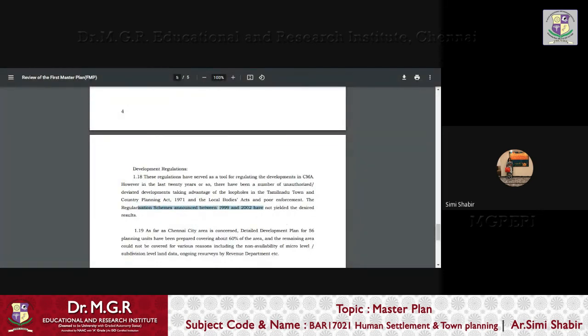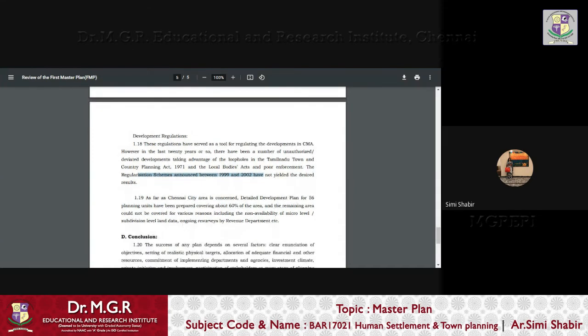As far as the Chennai city area is concerned, detailed development plans for 56 planning units have been prepared, covering about 60% of the area, and the remaining area could not be covered for various reasons, including the non-availability of micro level data, subdivision level land data, ongoing resurveys by the revenue department, etc.